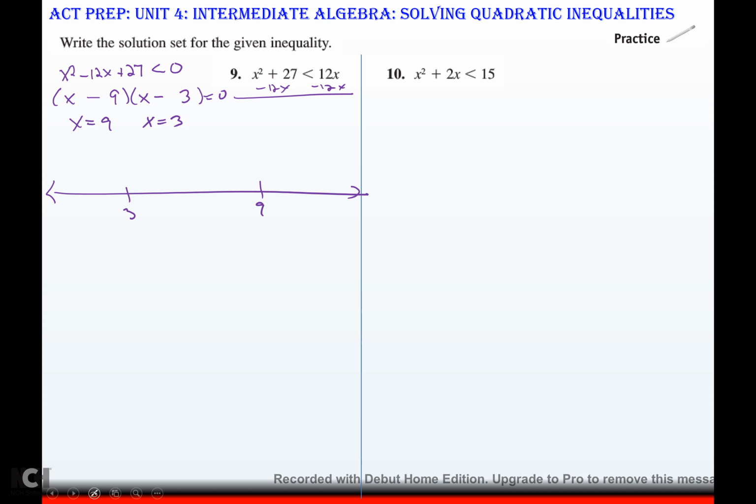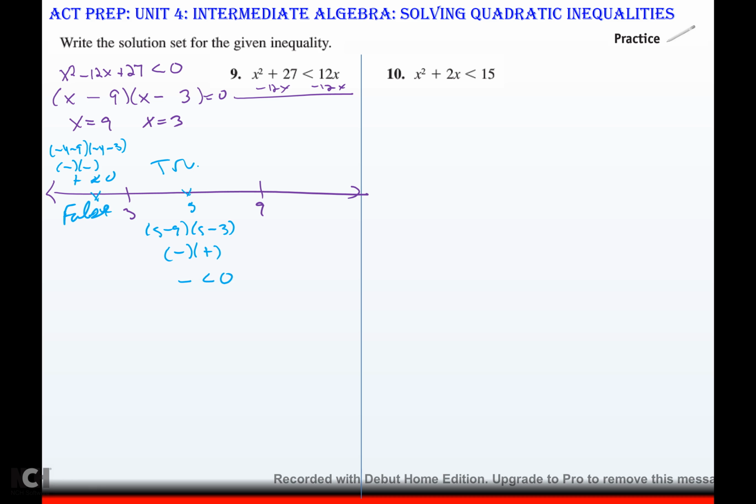And I start testing. If I test negative 4, that'd be negative 4 minus 9, negative 4 minus 3. That's a negative times a negative is a positive, which is never less than 0. So this section is false. Pick something in the middle, like, I don't know, 5. Test it. 5 minus 9, 5 minus 3. That's a negative, that's a positive, which is negative, which is less than 0.